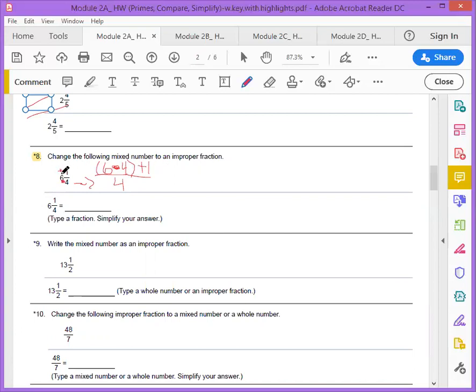So 6 times 4, or the whole number times the denominator, plus the numerator. 6 times 4 gives us 24 in the numerator, plus the 1 makes our numerator 25. And remember, the denominator stays the same. So it'll be 25 over 4, and we'll keep the fraction as 25 over 4.